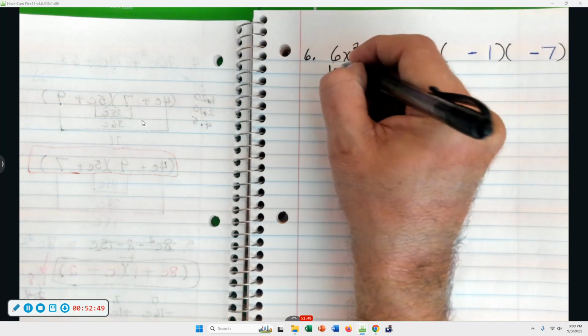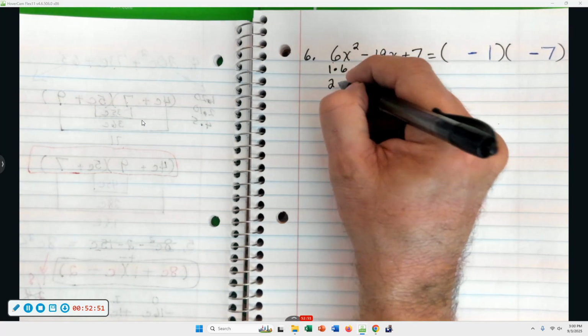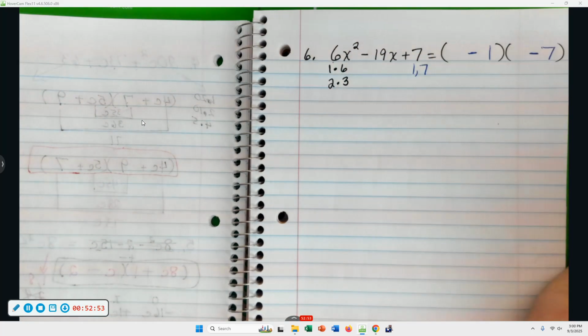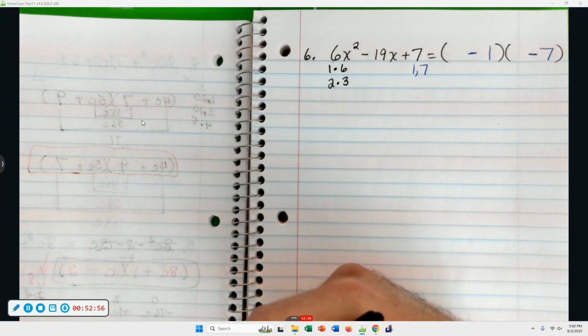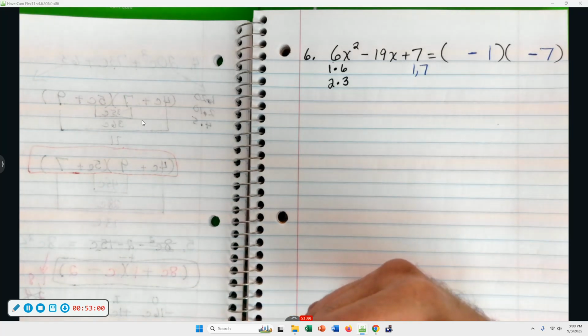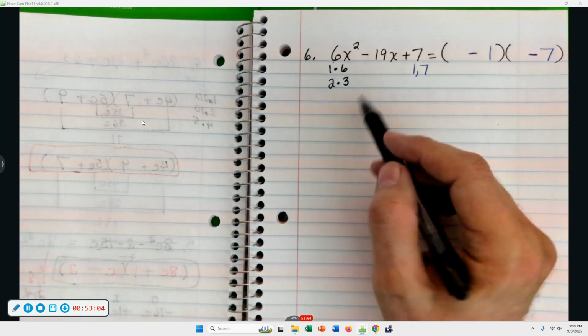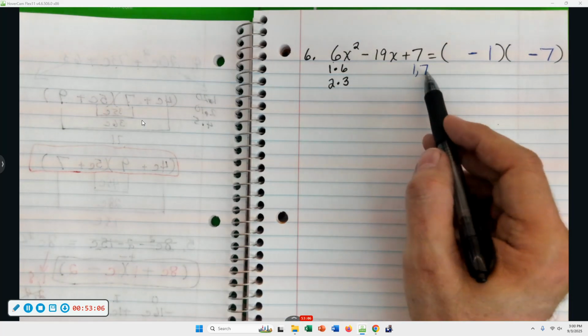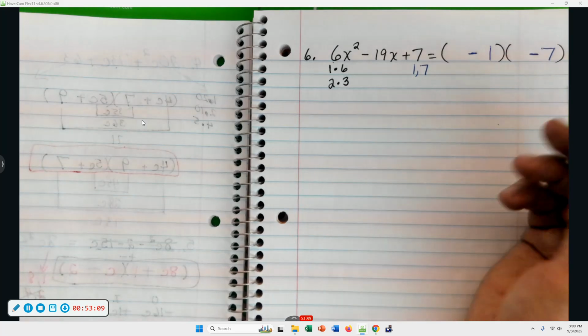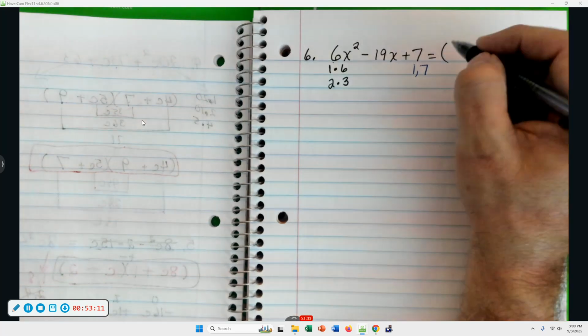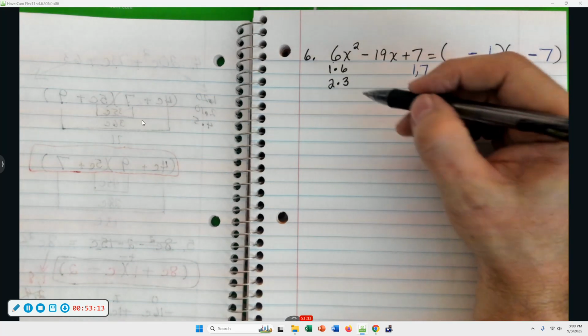There's 1 times 6 and 2 times 3. Which pair of numbers do you want to try first? Will my little trick with no common factors help on this one? Nah. What do y'all want to try for 6? 1 times 6 or 2 times 3?